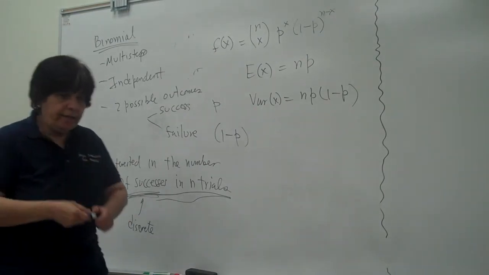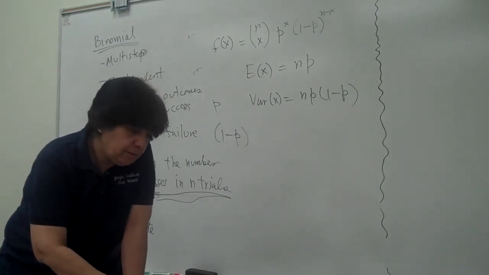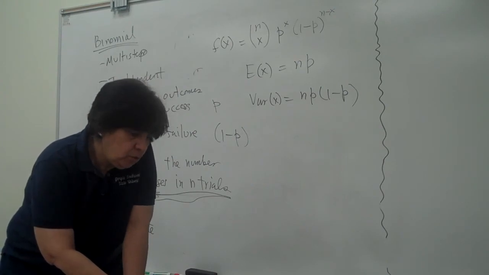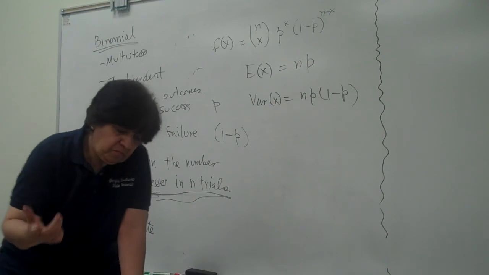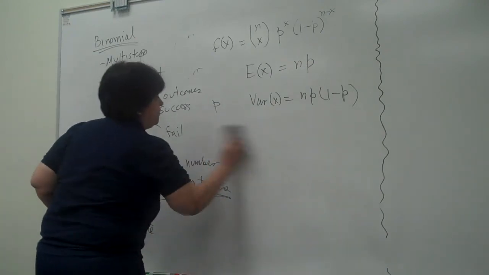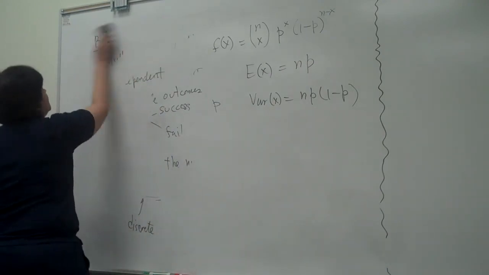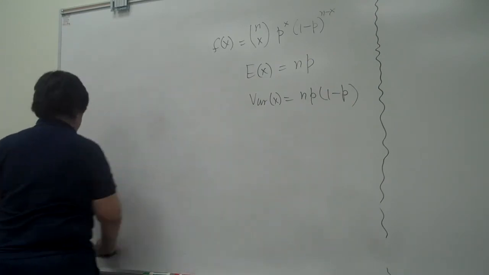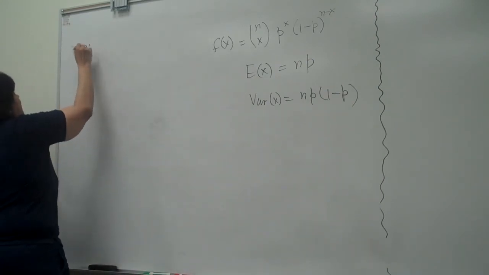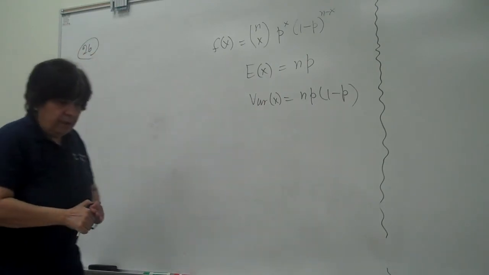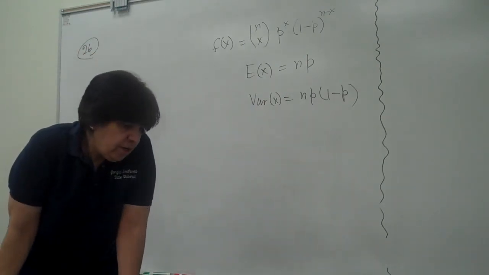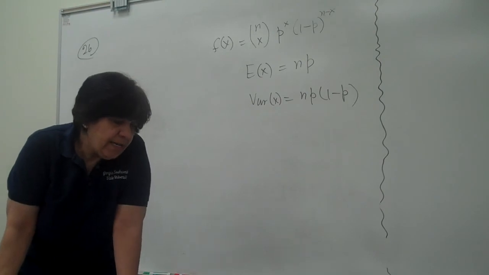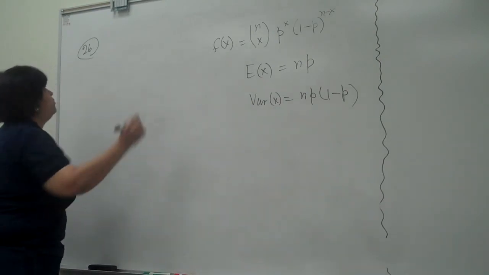Let's do one problem of this. Let's do problem 26 in your book. 26 says, consider a binomial experiment with n equal to 10 and p equal to 0.10.